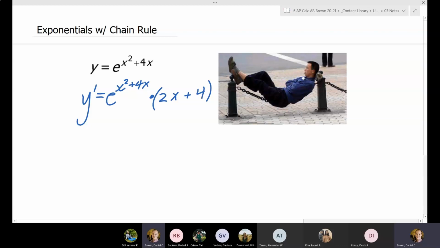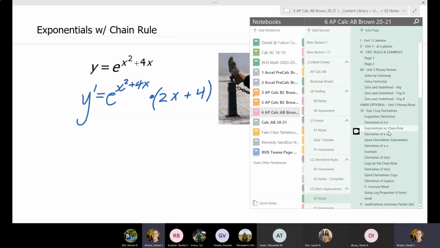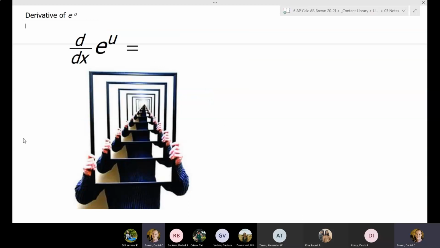So yes, the derivative of e to the x is e to the x, but often we are not going to have just x in the exponent, so we will have to think about the chain rule. This allows me to introduce a new way of writing derivative rules, since most functions are not just sine of x, e to the x, or tangent of x, but have something on the inside. The more common way that we're going to start writing these formulas is with a u there, just to remind you that u represents the inside, and that is the reminder for you to always do the chain rule.